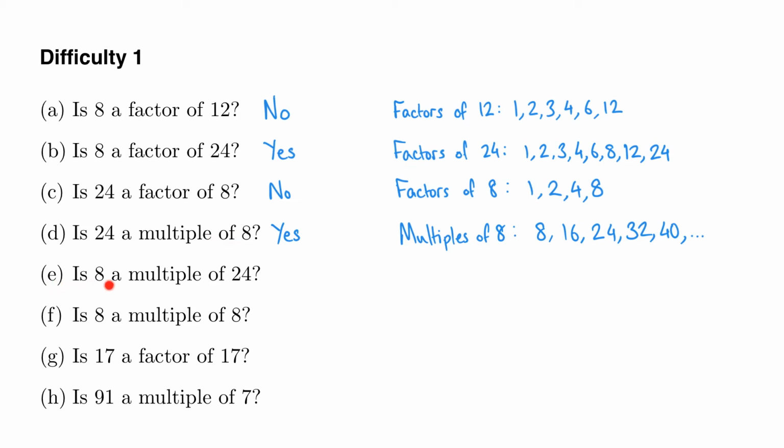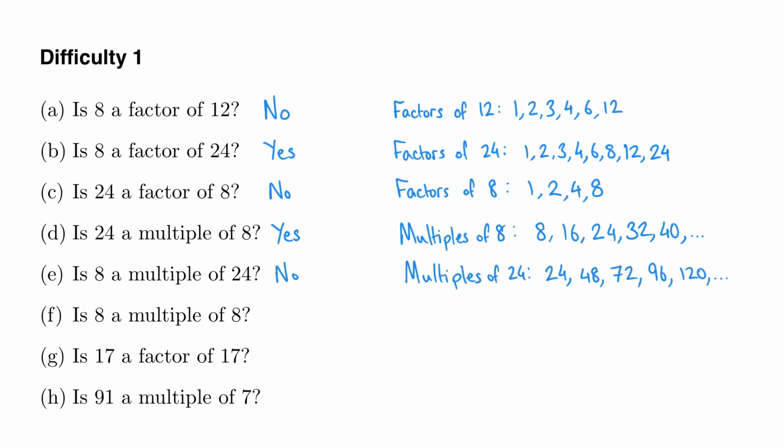In part E, we're asking if 8 is a multiple of 24. Now, that's the same as asking if 8 is in the 24 times table. And the answer is no. Let's just look at the multiples of 24. We've got one lot of 24, or 1 times 24, which is 24. 2 times 24 would be 48. 3 times 24 would be 72, 4 times 24 would be 96, 5 times 24 would be 120, and this list would go on forever.